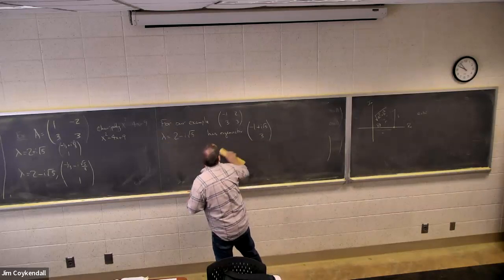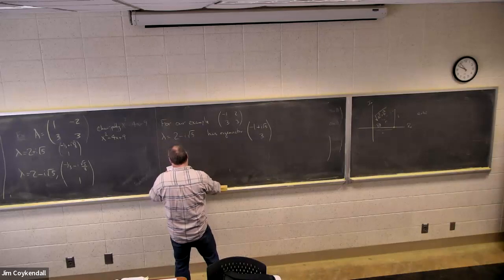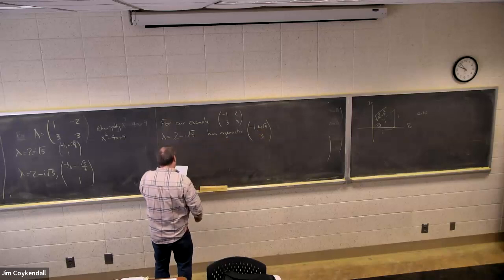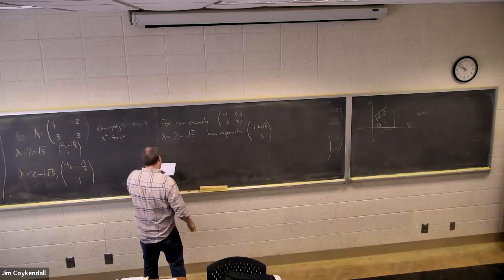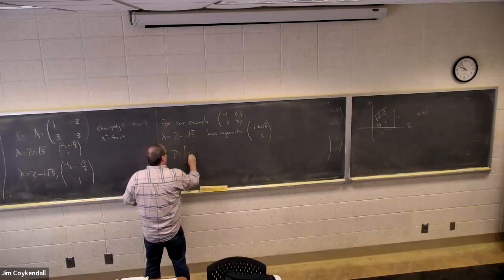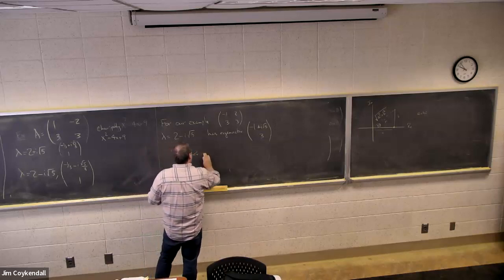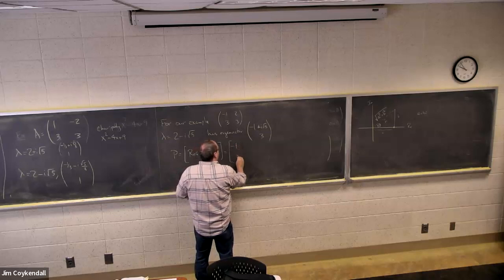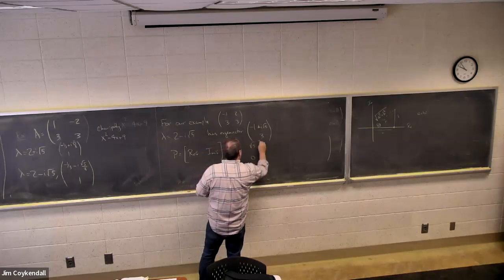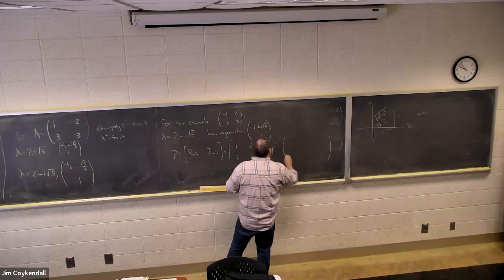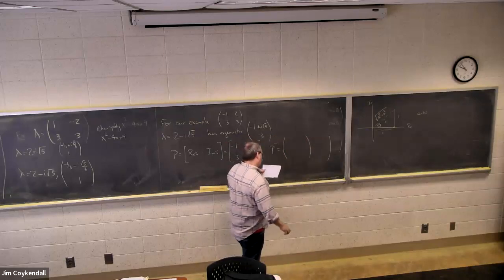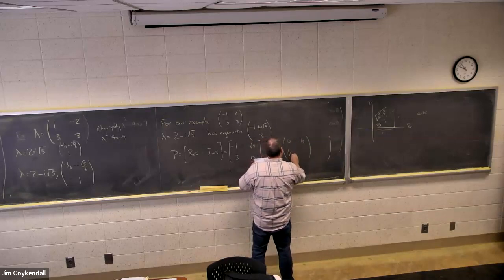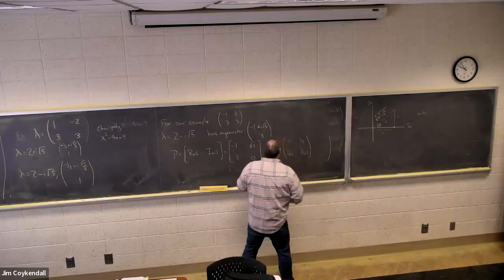So let me work off the other eigenvector, which is this one here. If I take that eigenvector, P is the real part of V and the imaginary part of V, then this is minus 1, 3, 0, minus radical 5. And P inverse is equal to 0, 1/3, 1 over radical 5, 1 over 3 radical 5.